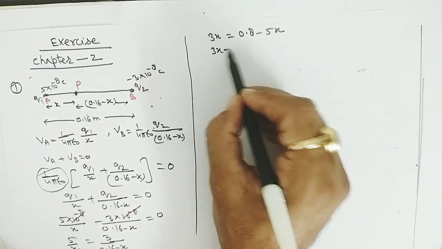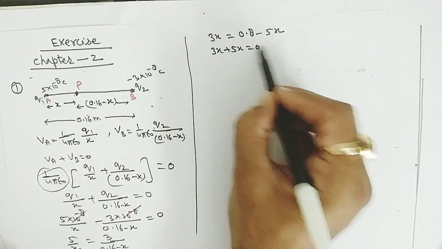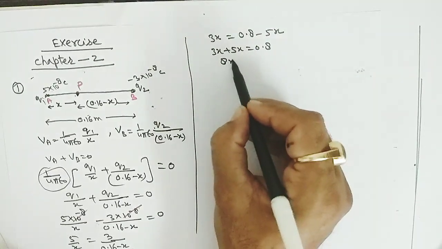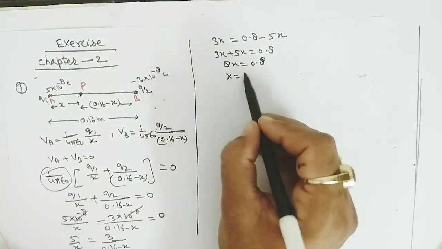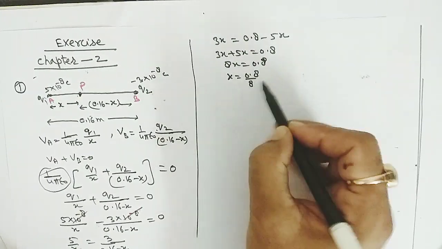So 3x plus 5x is equal to 0.8, or 8x is equal to 0.8, or x is equal to 0.8 upon 8.